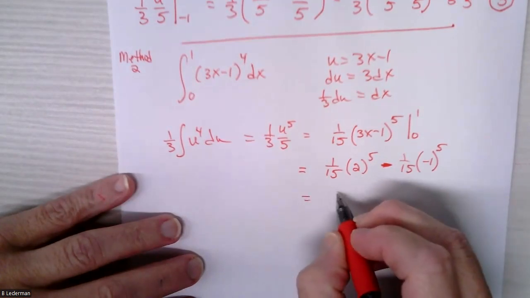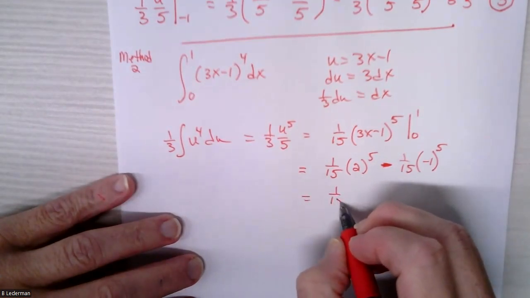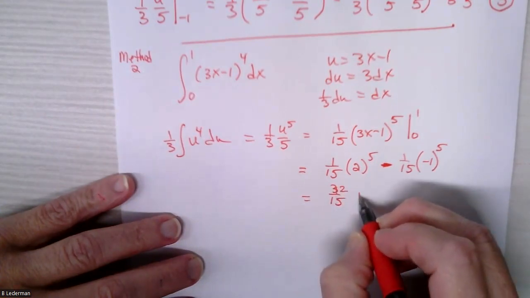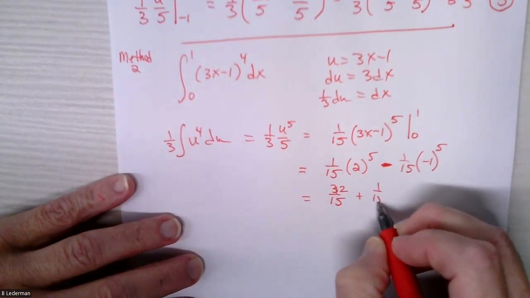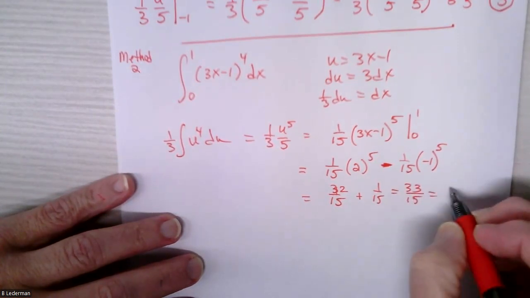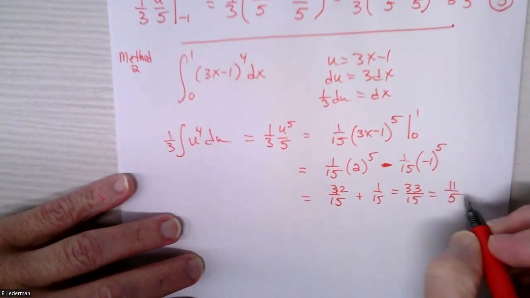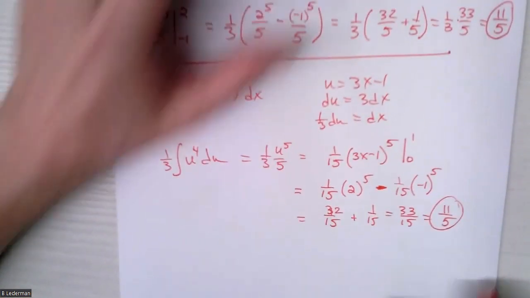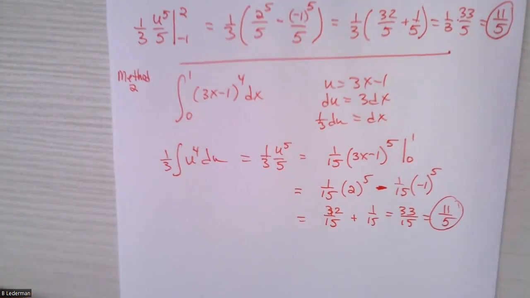This whole thing becomes 1/15th of 32 plus 1/15th, which equals 33/15ths, which equals 11 over 5. Same answer, exact same answer we got before. Before we got 11 over 5, now we got 11 over 5.